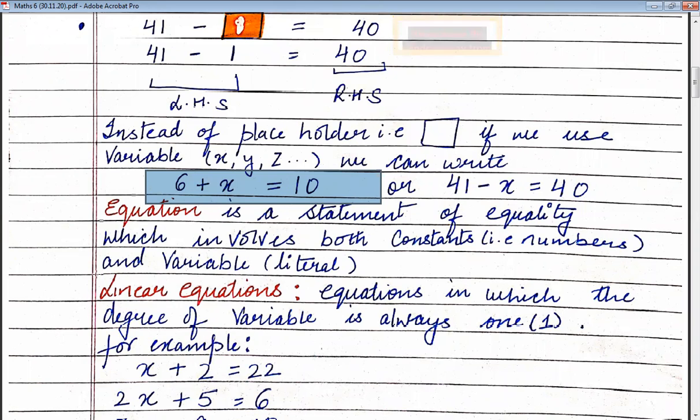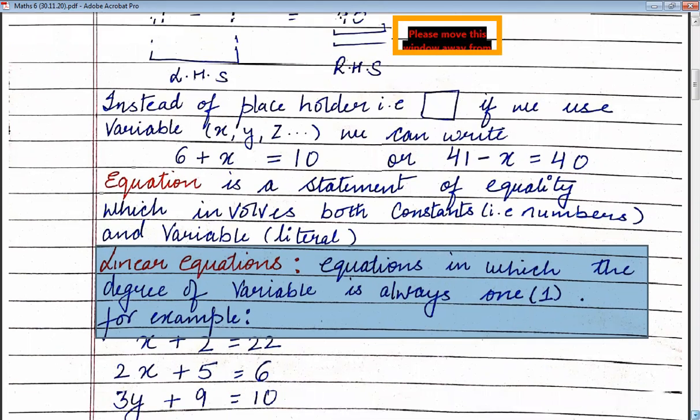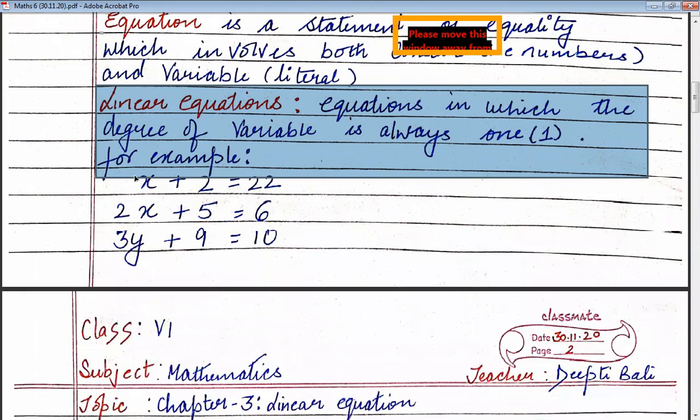Then we have discussed the linear equation. Linear equation means an equation with degree 1. Degree means the power of the variable. We have discussed that the variable power should be 1, then only it is known as a linear equation.